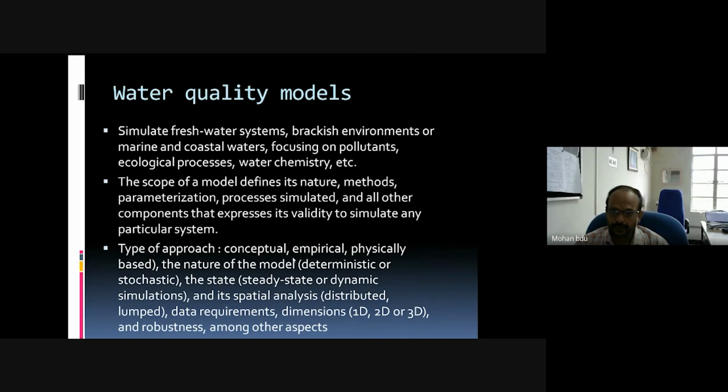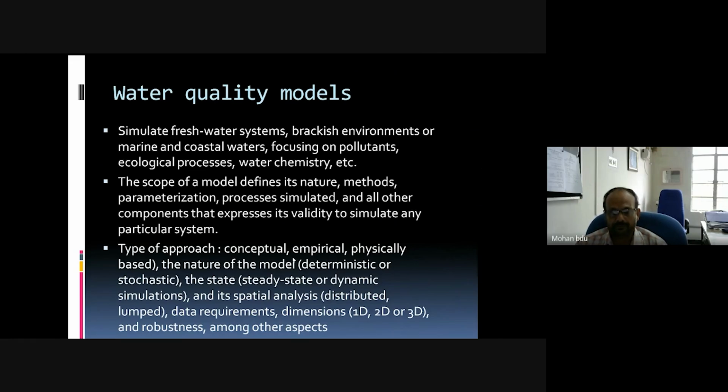So these models generally simulate the freshwater, brackish water, and many models focus on the water chemistry, pollutant dispersion, the concentration of pollutants. So it depends on what sort of information we require. So we can choose the model accordingly.